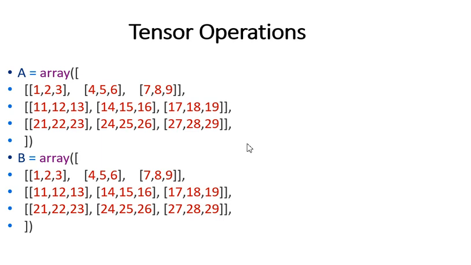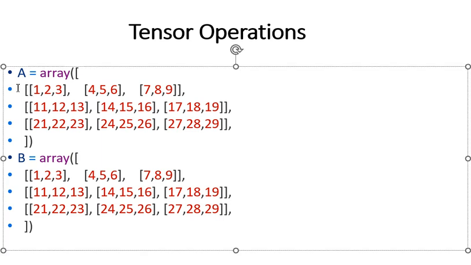Let us see here, it is array A and array B. If you want to perform the addition operation of these two tensors, we have to take it element wise. So this is one tensor and this is the other, so we calculate 1 plus 1, 2, 2 plus 2, 4, and 6.